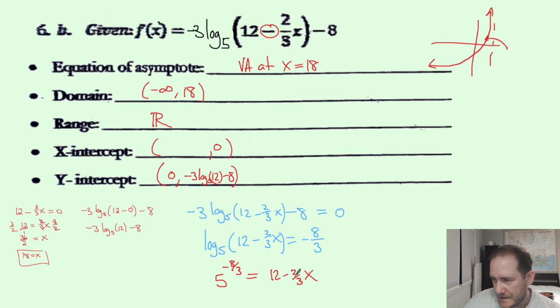So maybe add this to the other side. So you now have positive 2/3 x plus this stuff. This is gone now. So now to isolate x, you're going to subtract the 5 to the -8/3. So you've got your 2/3 x equals 12 minus 5 to the -8/3.